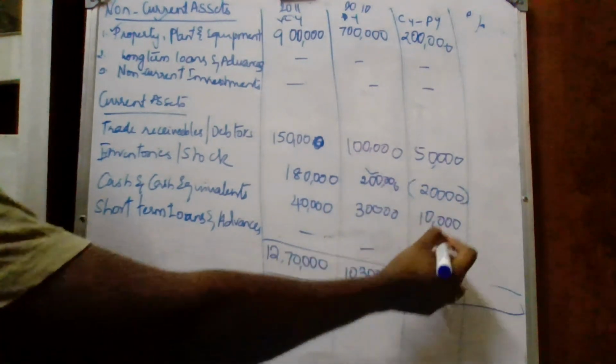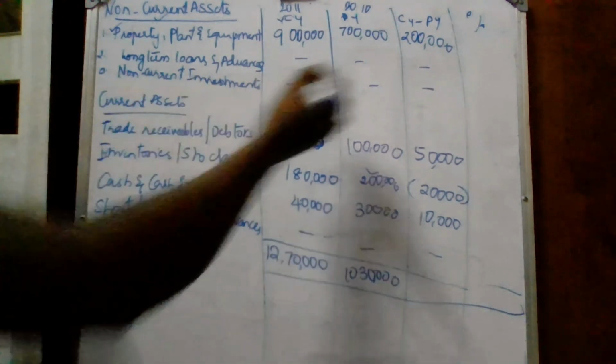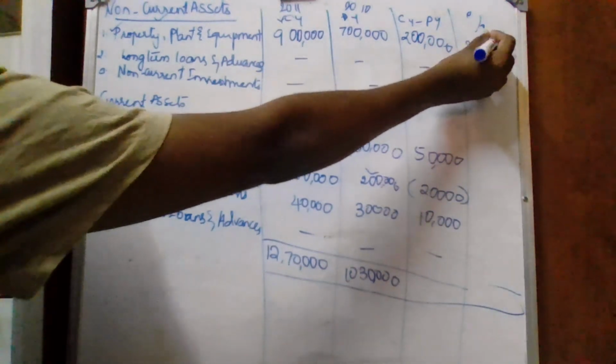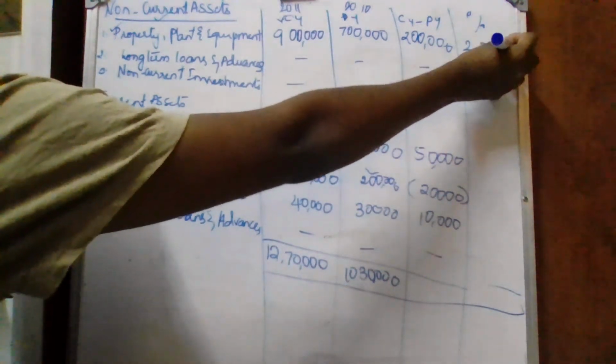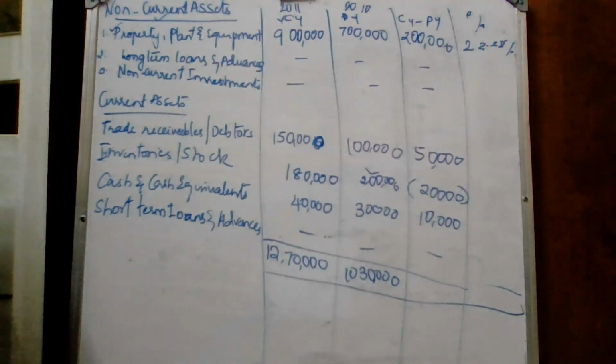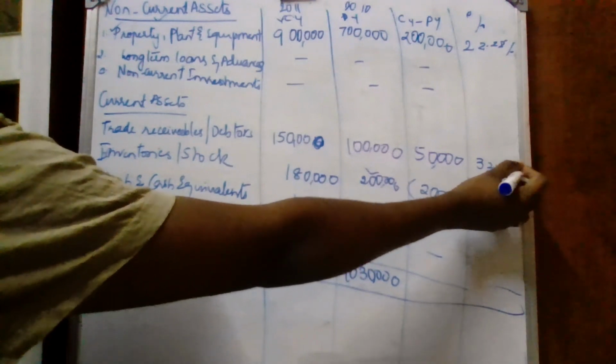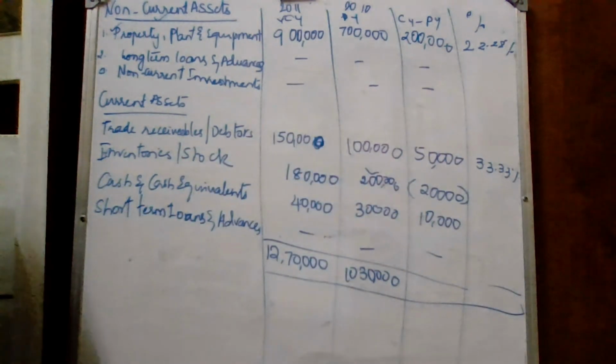Now we shall see the percentage. 2 lakh divided by 9 lakh into 100. It is 22.22%. Next we have 50,000 divided by 1 lakh 50 into 100. 33.33%. 20,000 divided by 1 lakh 80,000 into 100.